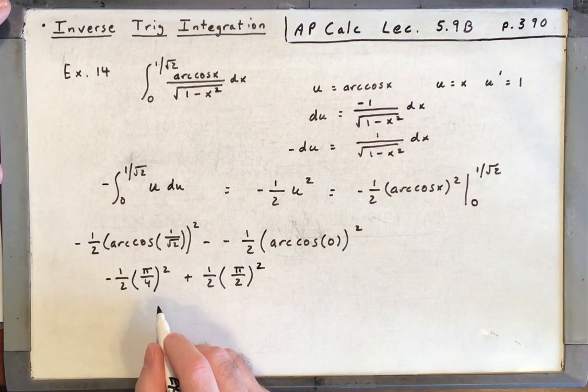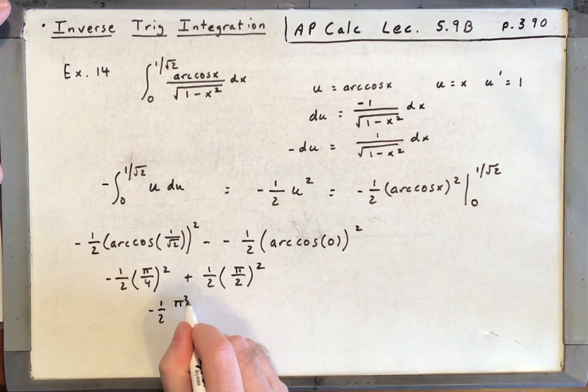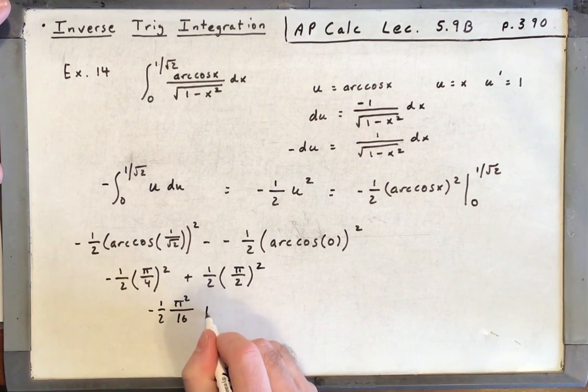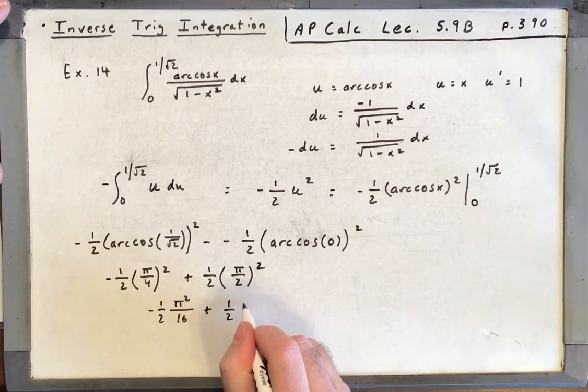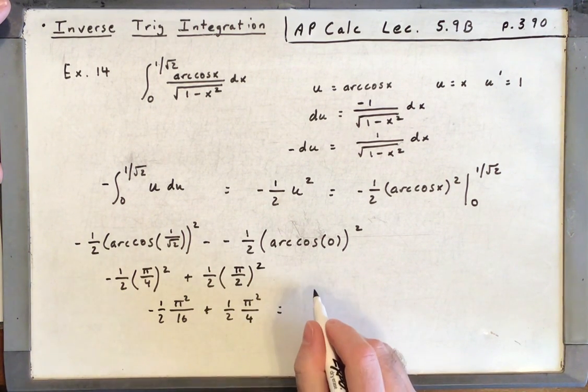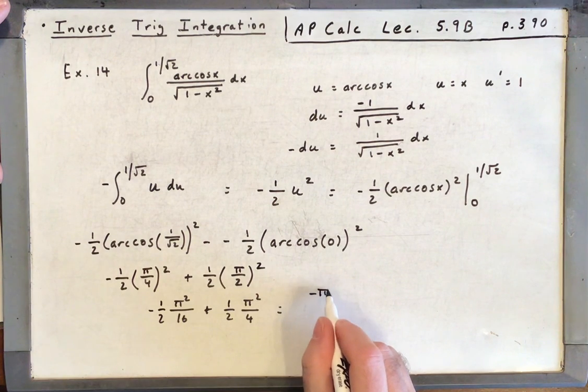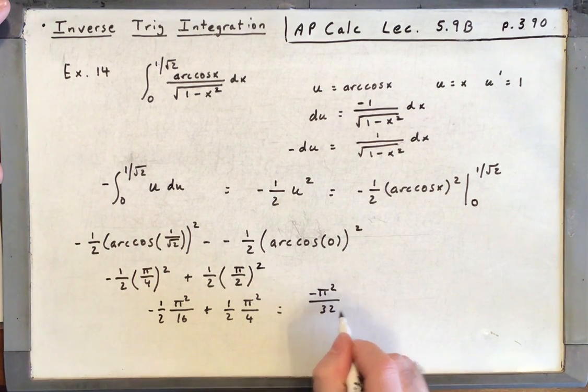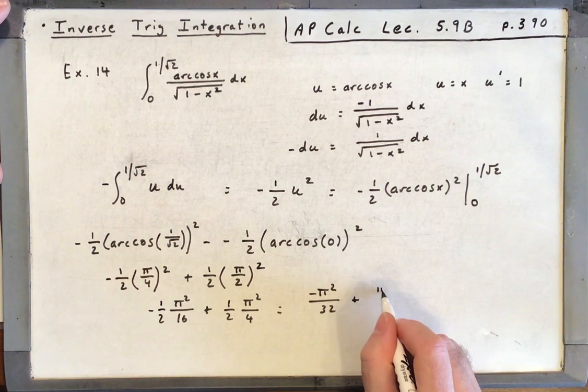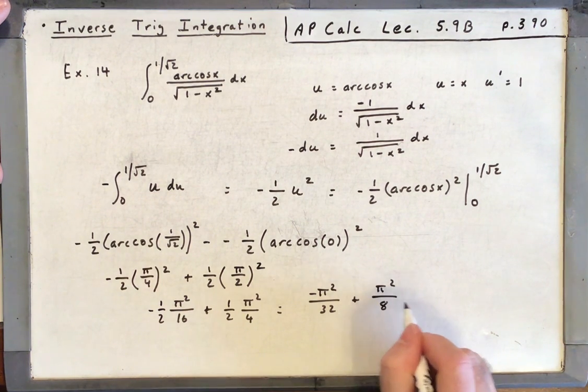So that's going to be negative 1/2 times pi squared over 16 plus 1/2 times pi squared over 4. So that's negative pi squared over 32 plus pi squared over 8.